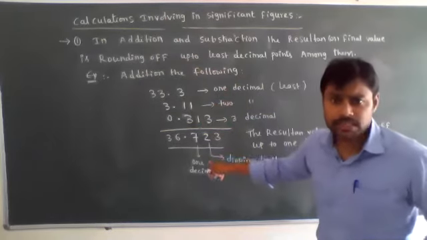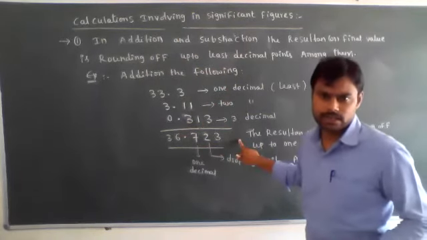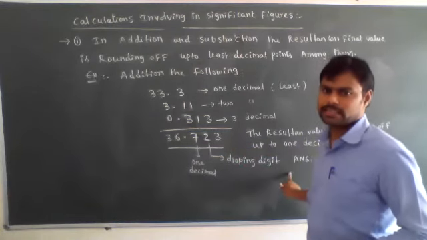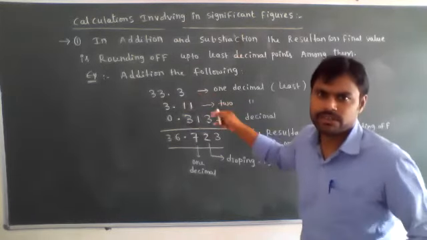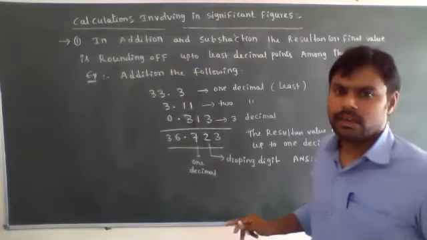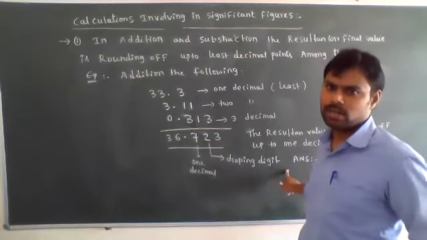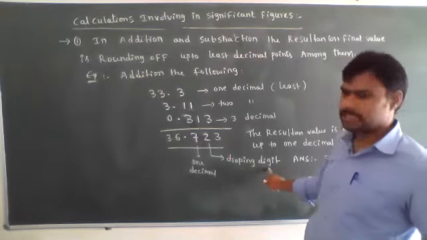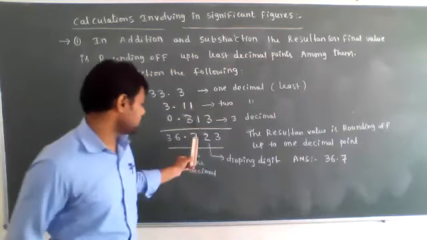Now let's see one more example. After addition, this is the value we got, and that value we have to finalize. In the given values, you check which has the least decimals, and according to that we report the final value, up to 1 decimal point, which means up to 7.